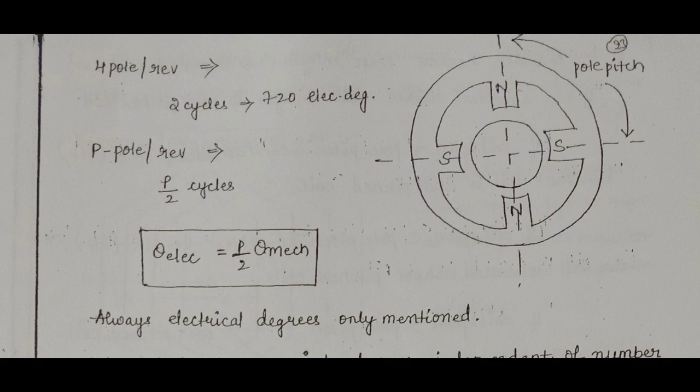Substitute P as 4 and theta electrical as 180 degrees. So 2 by 4 is 1 by 2, and 1 by 2 of 180 equals 90 degrees of theta mechanical.